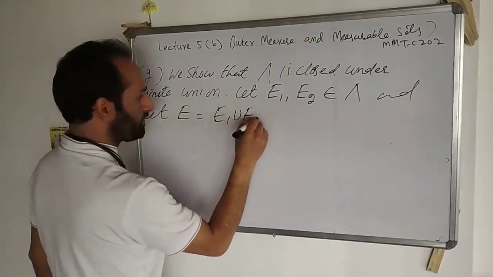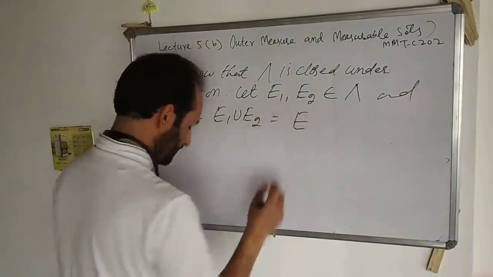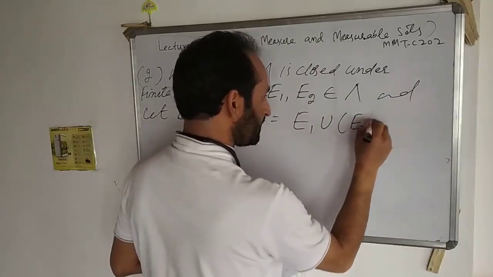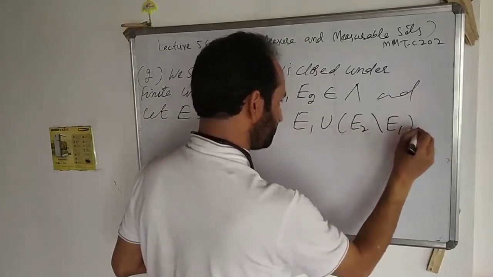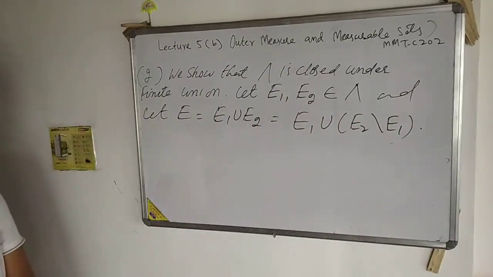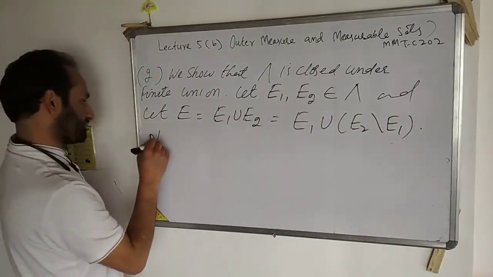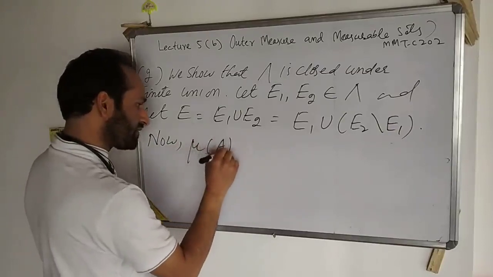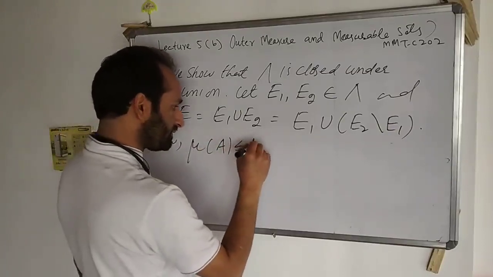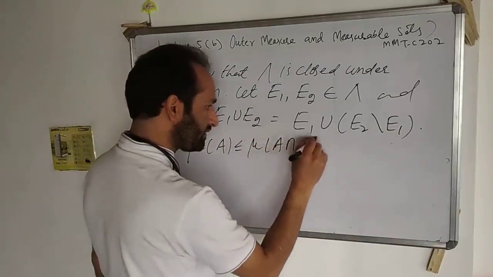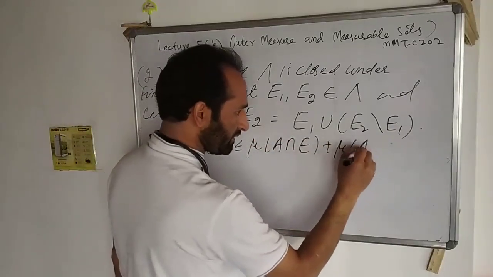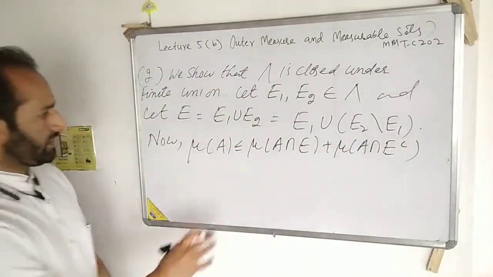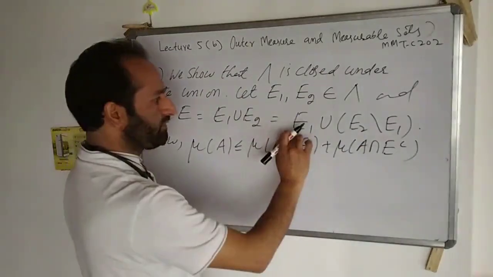Let E be equal to E1 union E2. It's the same as E1 union (E2 minus E1). Now, mu of A is always less than or equal to mu of A intersection E plus mu of A intersection E complement. Let's write this E as E1 union (E2 minus E1).